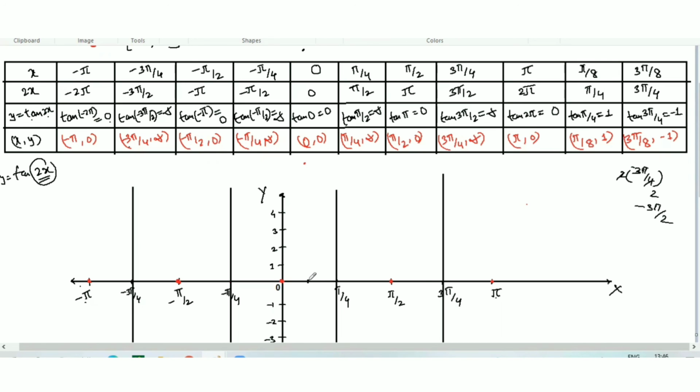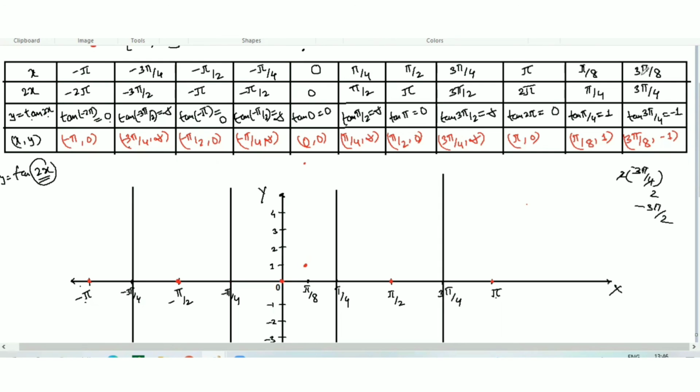So just to explain how to draw here, pi over 8 is there. And what is the coordinate point? Pi over 8, 1. Plot pi over 8, 1. The pi over 8 and 1 point is here. Then I have taken one more point, 3 pi over 8.